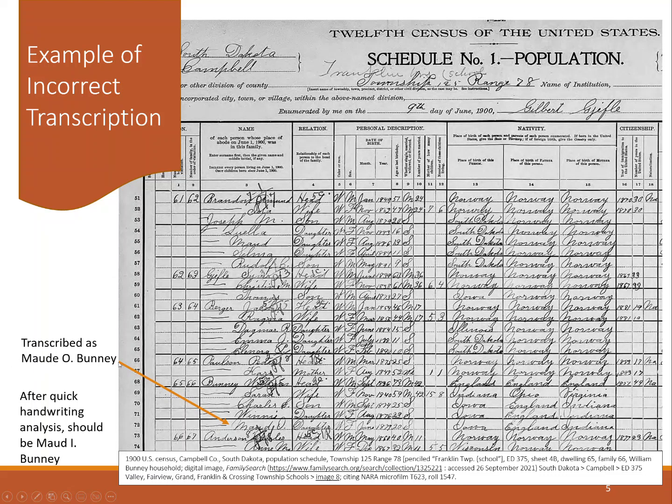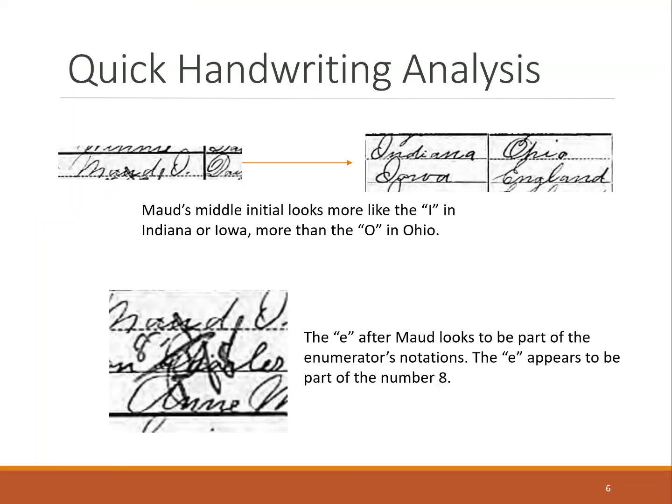Now, if you want to look at this on your own and make your own interpretation, you can stop the video right now and look at the sheet here and do some handwriting analysis and see if that person correctly transcribed. So just pause it and then come back in. I'm going to hit an explanation. So when you zoom in on this, look at Maude O, and we're going to look at the middle initial first.